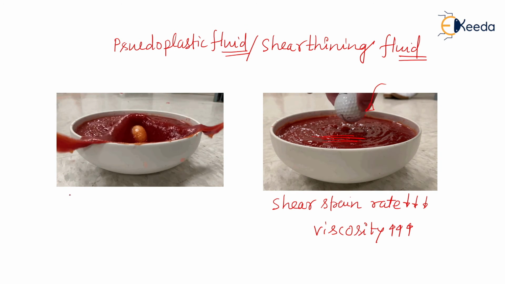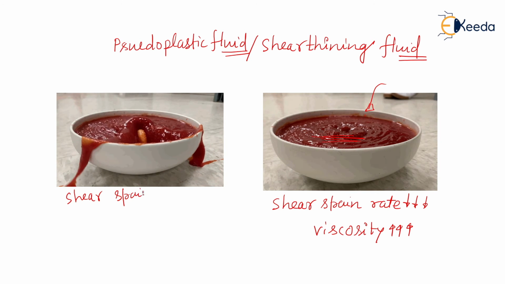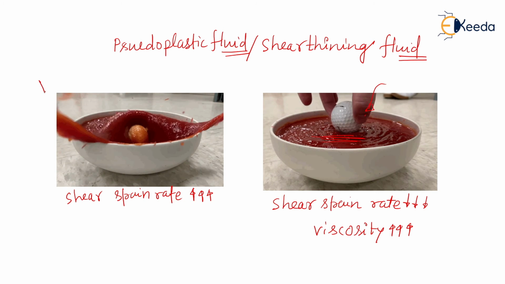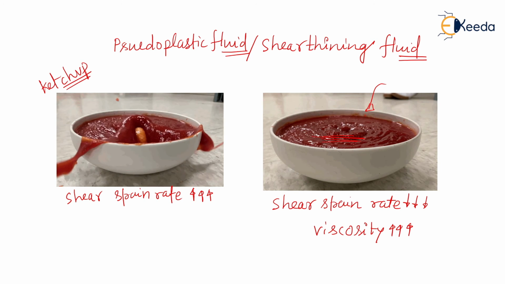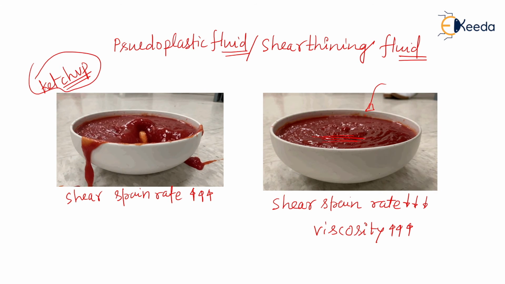But if shear strain rate is more, if you throw the ball into this ketchup, this is basically ketchup, you might have seen. So ketchup shows different properties. I have already kept the ketchup in a bowl.